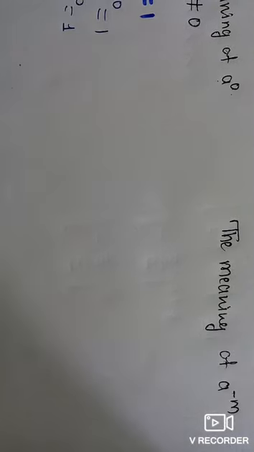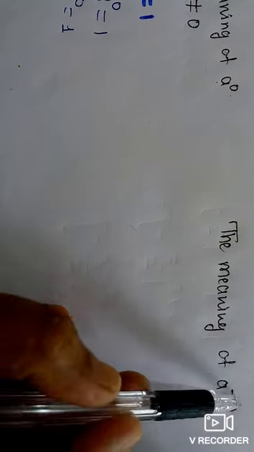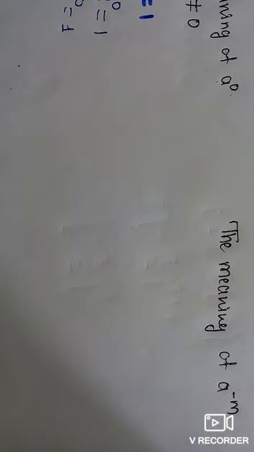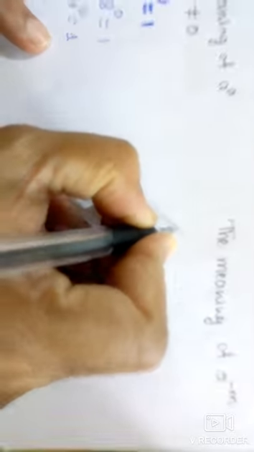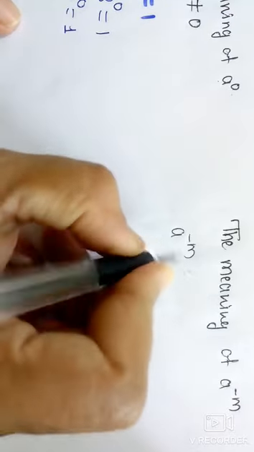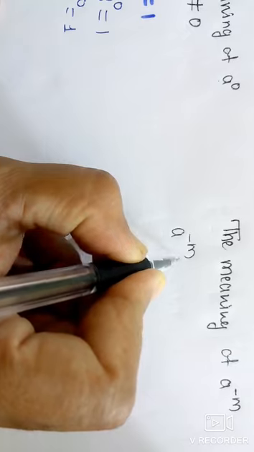Okay. Here is also one more rule we are going to see. If a raised to negative m is there, then what can we do? Suppose a raised to negative m is there, then we can write it as 1 upon a raised to m.